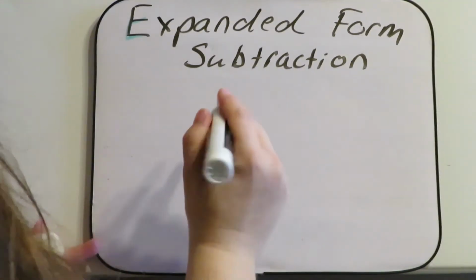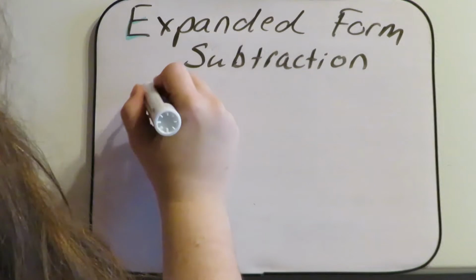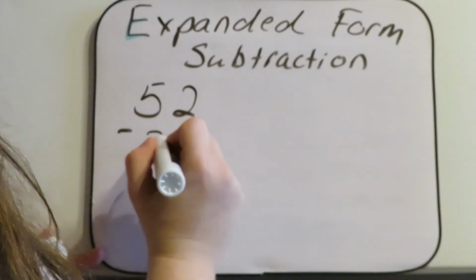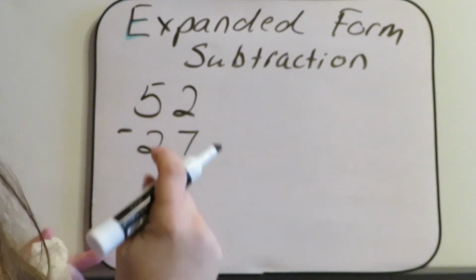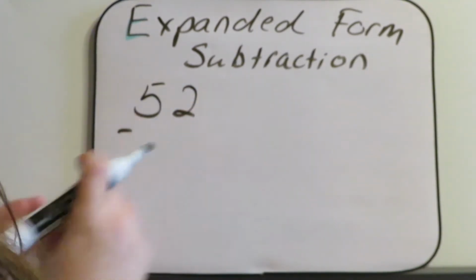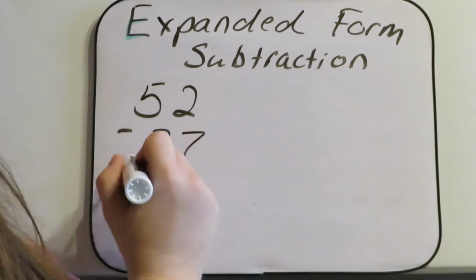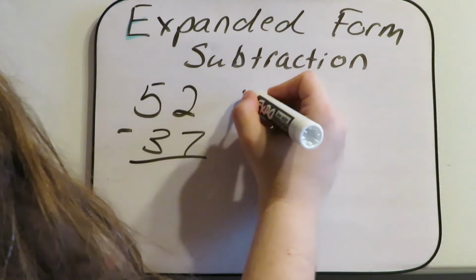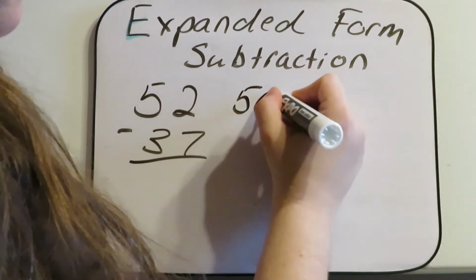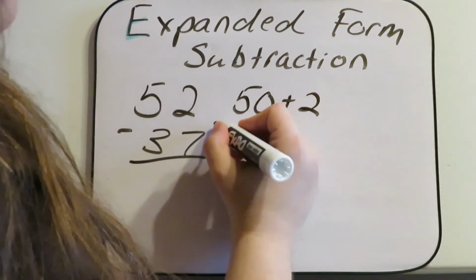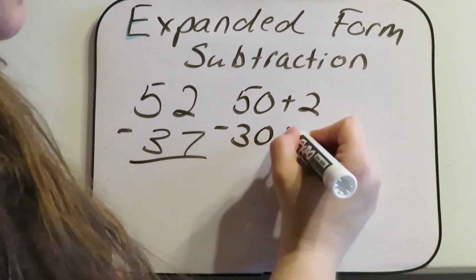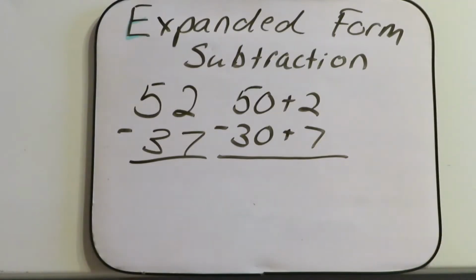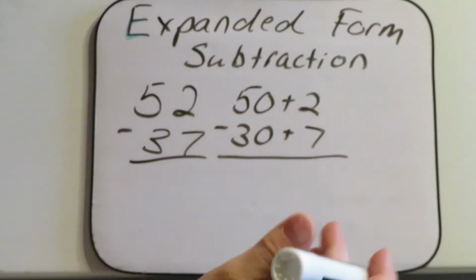Okay, let's do one that's a little more complicated. Let's do 52 minus 37. Let's do that. Okay, so we put each number in expanded form. 50 plus 2 minus 30 plus 7 equals, oh, but look, 2 minus 7.